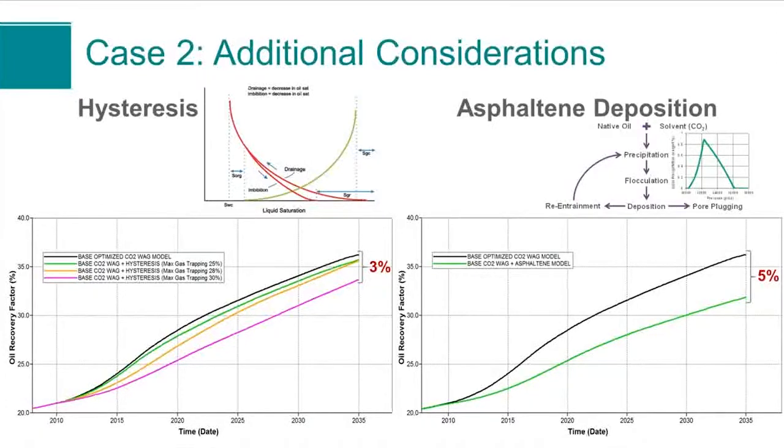By having the asphaltene precipitation and deposition in the reservoir, you can see a reduction in the oil recovery factor of about 5%. So therefore, in order to have the highest recovery from the reservoir, we should avoid any asphaltene precipitation or deposition in the reservoir. In fact, you need to operate the wells, the injection pressure, or the operating constraint for the production wells in such a way that the asphaltene is not separated from the oil and is not deposited in the reservoir.